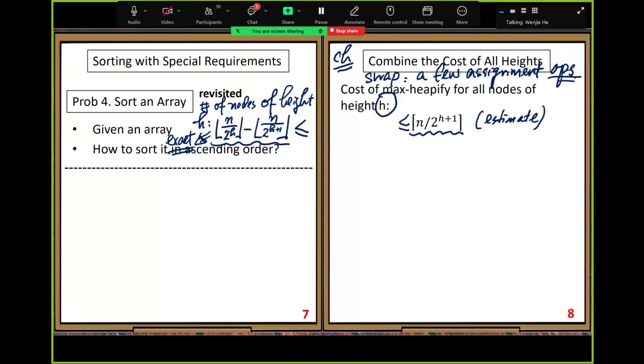When we count assignments, there is some certain cost. But if you want to do a more accurate estimate, let me write a little more. Let me use C1H for comparisons, and C2H for assignments.